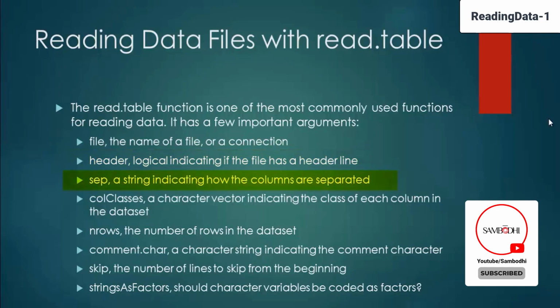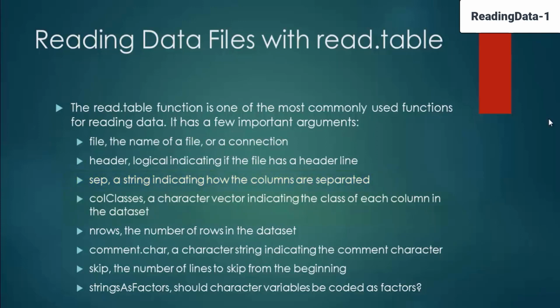Sep, which is a string indicating how the columns are separated. And colClasses, a character vector which indicates the class of each column in the dataset. Which column does it belong to? Which class does it belong to? Each column may be a numeric class, or it can be a character class. colClasses is a character vector which indicates which class each column belongs to. And nrows, which is the number of rows in the dataset.